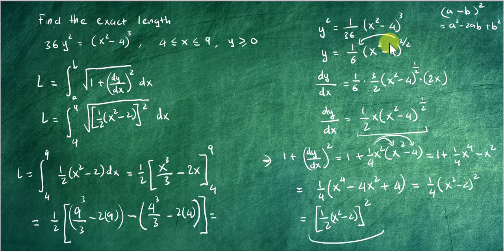If you use a calculator to do all the calculation, you should be able to get 635 over 6 for the final answer, and that is the arc length of this function, the curve from 4 to 9.